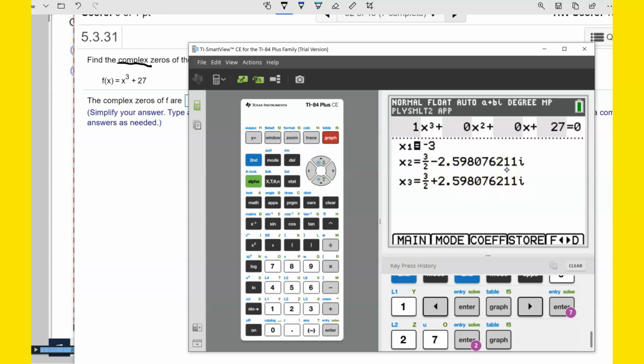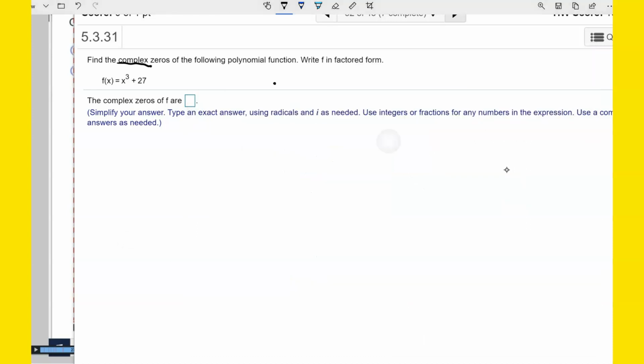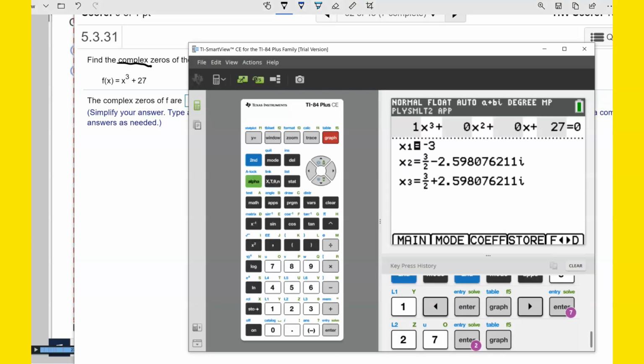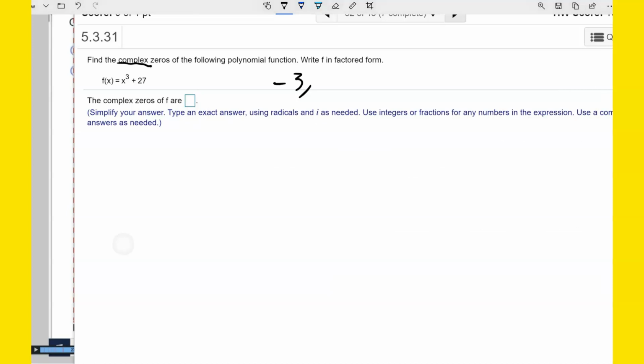So let me write these numbers down. -3, and 3/2 plus or minus 2.6i.